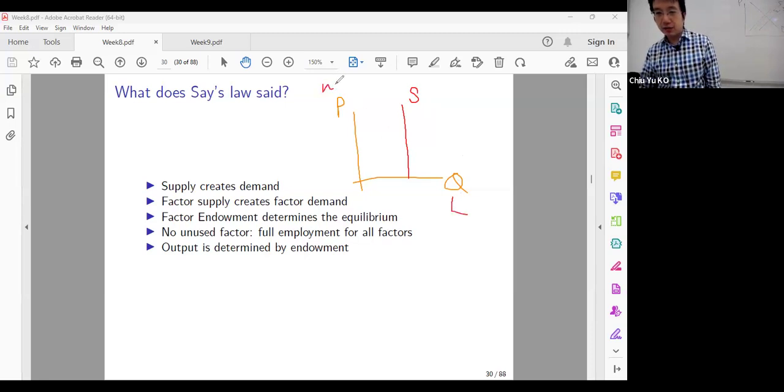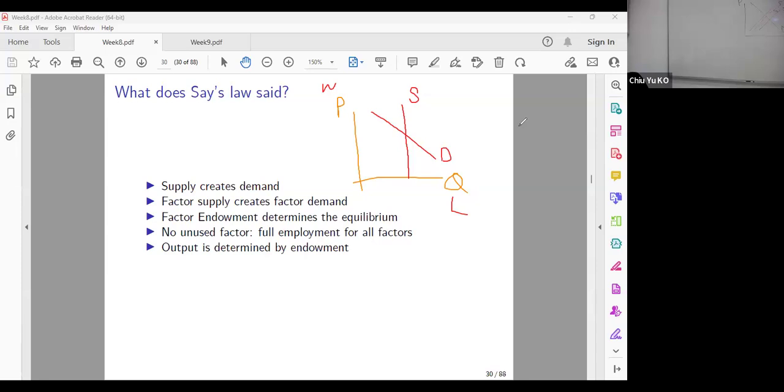Labor supply will be us, we're working, and there will be demand there regardless of how the demand is. That is what Say's law said. You don't need to worry about the demand because there will be some demand anyway. The price adjusts accordingly so that demand and supply always meet. So that is what Say's law said.